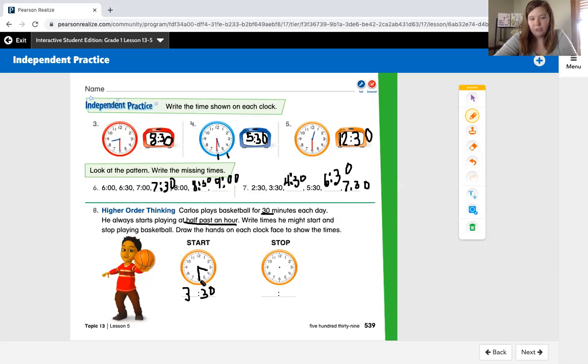If he only plays for 30 minutes, I know that it just moves the minute hand to up here. If I move my minute hand to our o'clock or 12, our hour hand will move all the way to 4. So 30 minutes past 3:30 is 4 o'clock. So I'm going to draw my short hour hand to my 4 and my long minute hand to our 12 or o'clock.